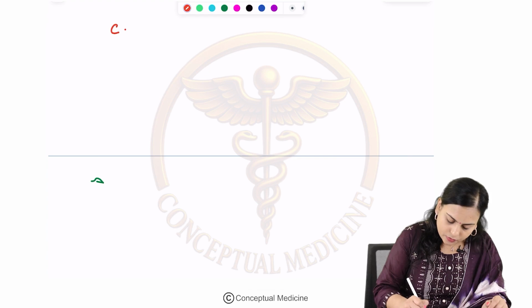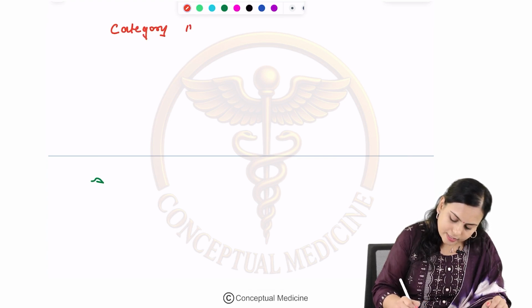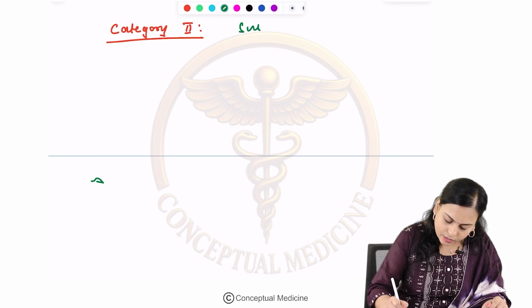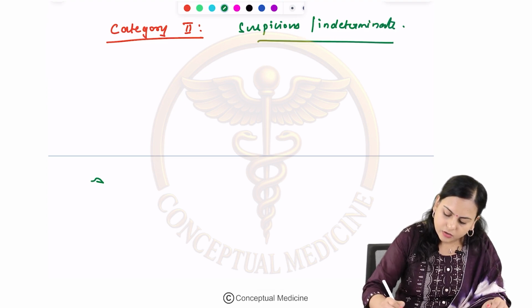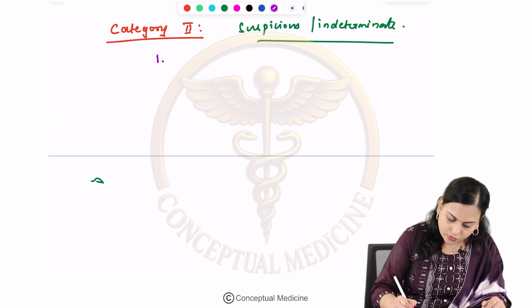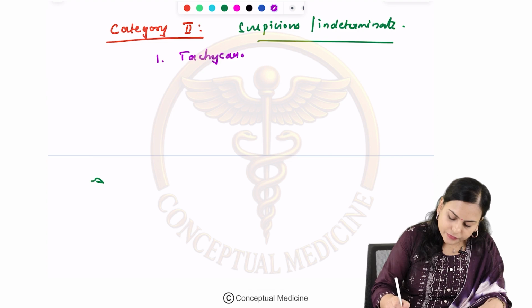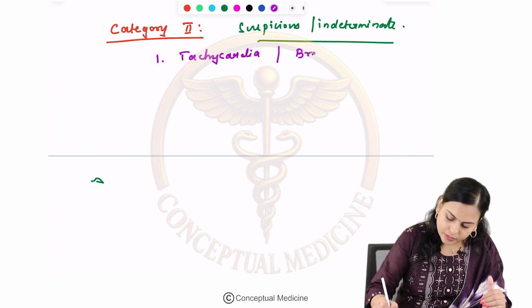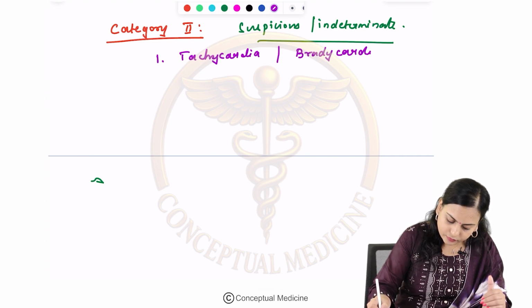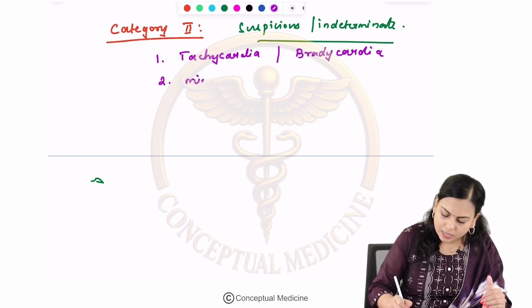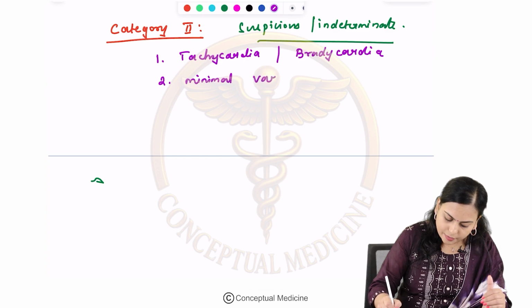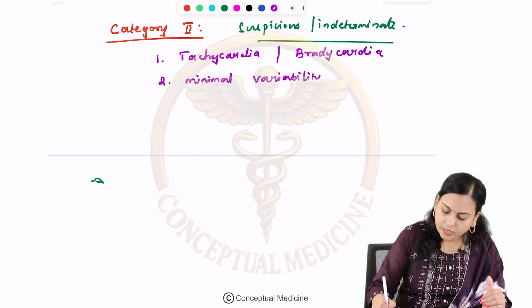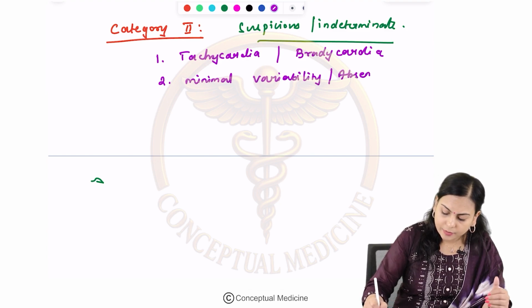Okay. So, category 2 NST, which is a suspicious or indeterminate NST. Okay, we will see the features now. So, there can be tachycardia or bradycardia of the fetal heart rate. Okay, there can be minimal variability, okay, or even absent variability.